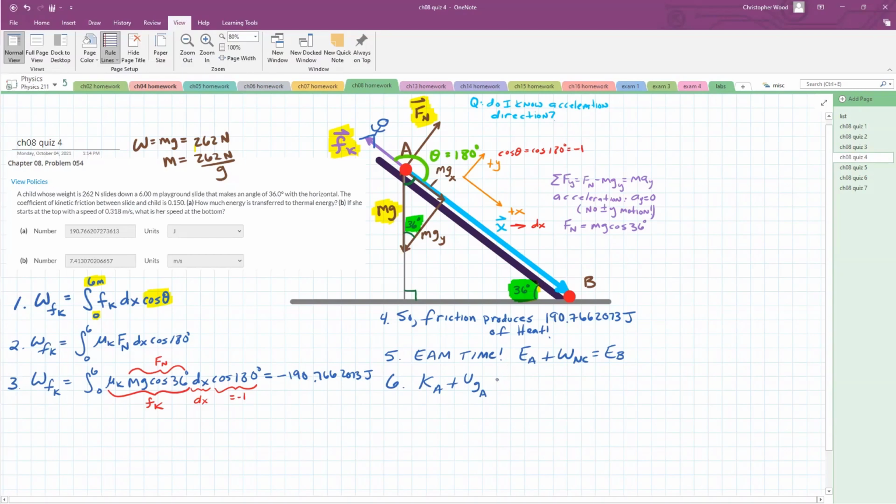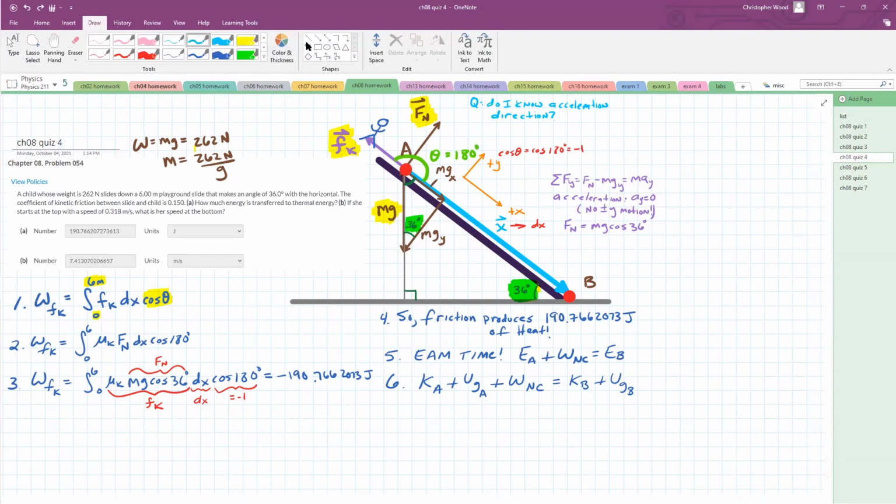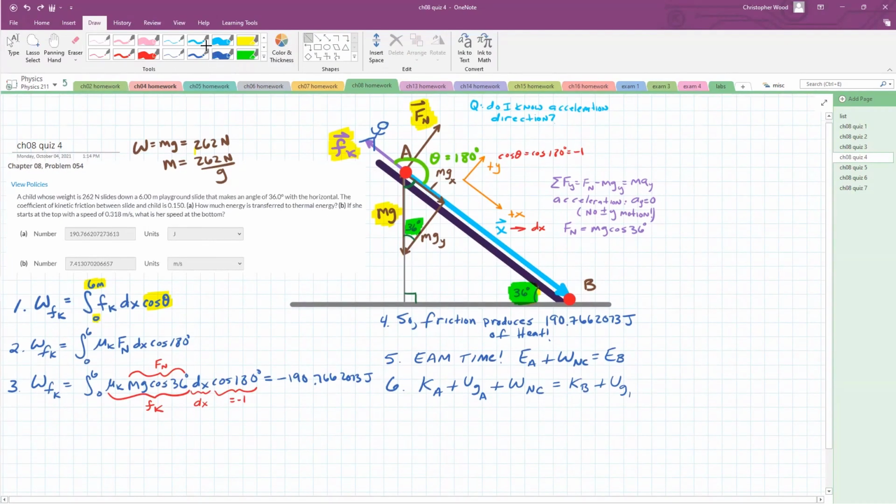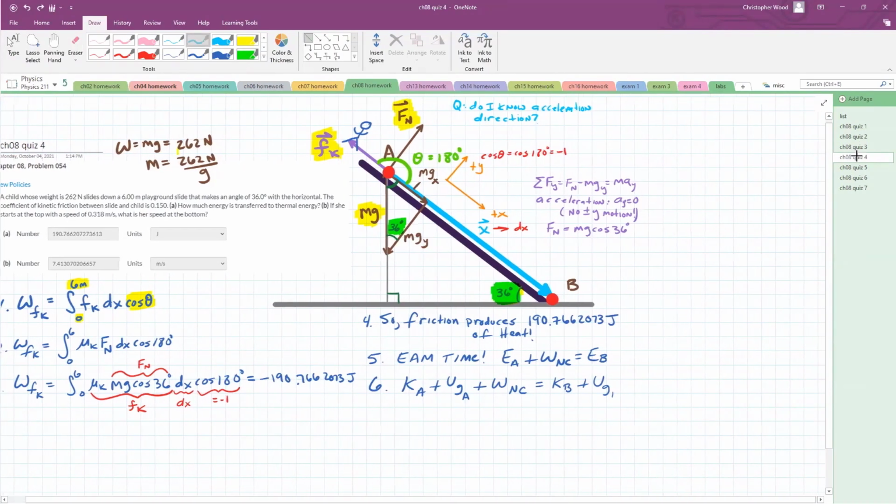But I do have some non-conservative work happening between A and B. And at B, I could have some kinetic energy and some gravitational potential energy. And I have to say, this is my baseline. Can't forget that. That is a mandatory requirement. This is my baseline right here. Wait for it.